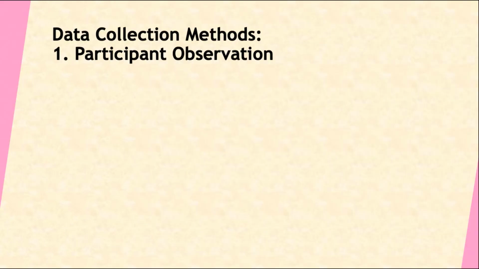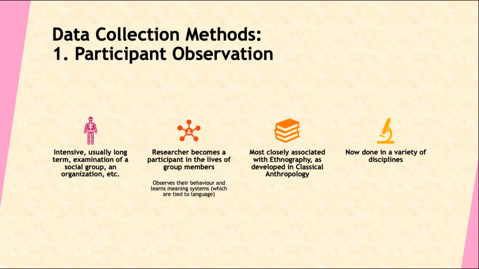So you can mix. The first is participant observation, where you yourself observe. This is an intensive, usually long-term examination of a social group or organization. As a researcher, you also become a participant in the life of the group members. As I explained just now, if you want to study the culture of foreign athletes, you must go and live with them and observe.